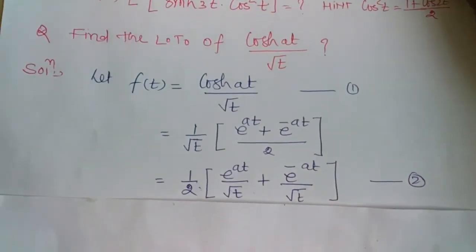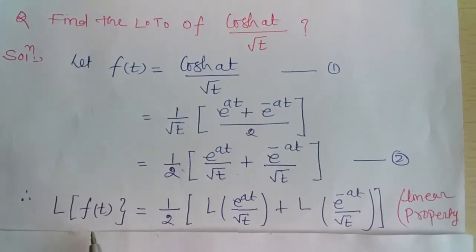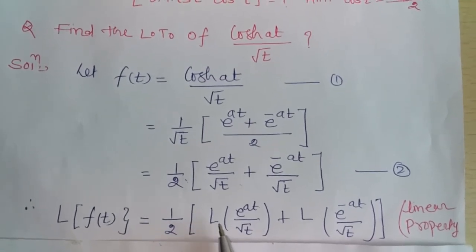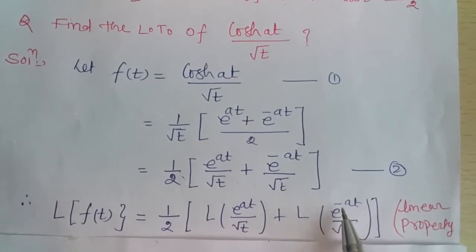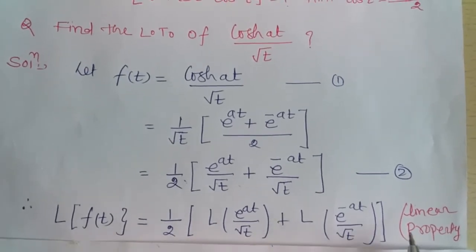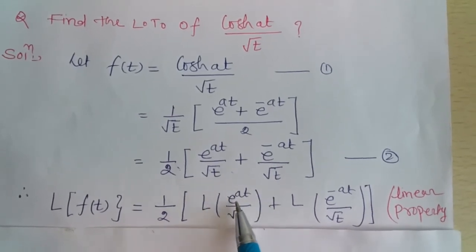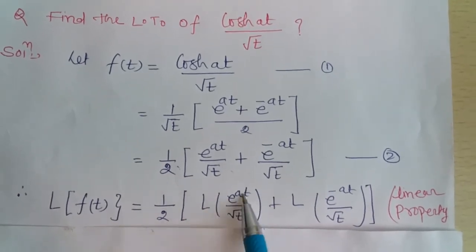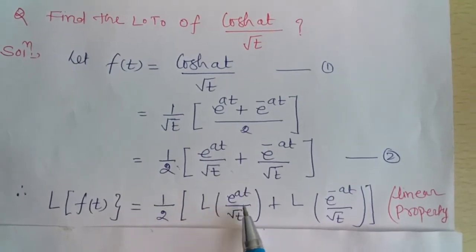So taking the Laplace transform of f(t), we get Laplace transform of f(t) is 1 upon 2 constant multiple into Laplace transform of e raised to at upon root t plus Laplace transform of e raised to minus at upon root t. Here we use the linear property of Laplace transform. Further, the expression e raised to at upon root t is a product of two functions, e raised to at into 1 upon root t, out of which one is an exponential function.